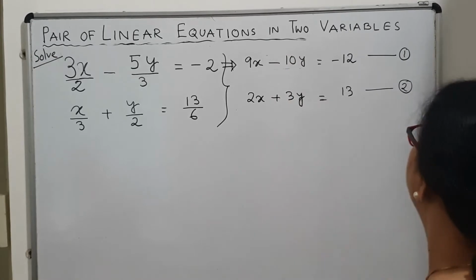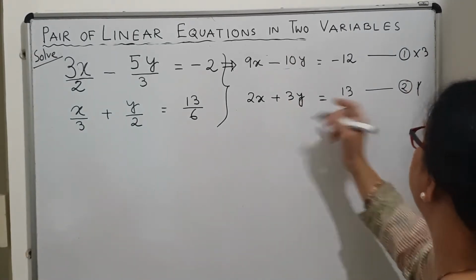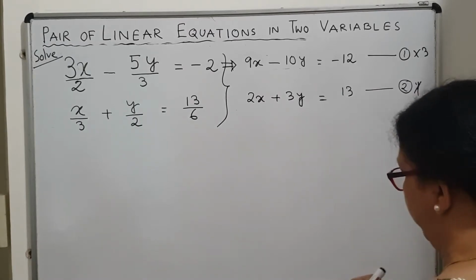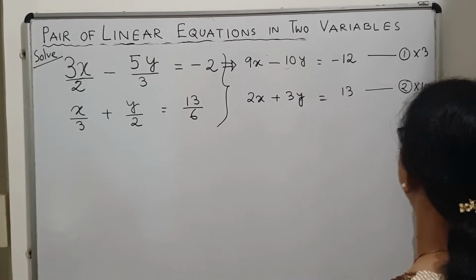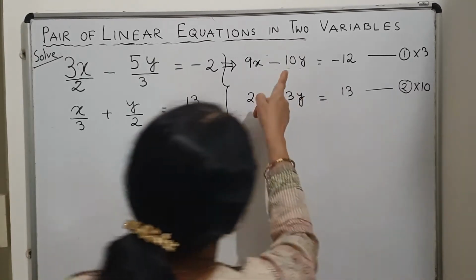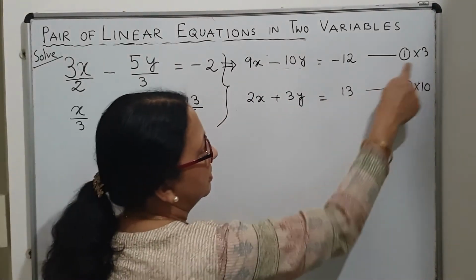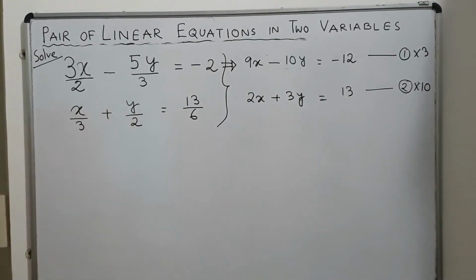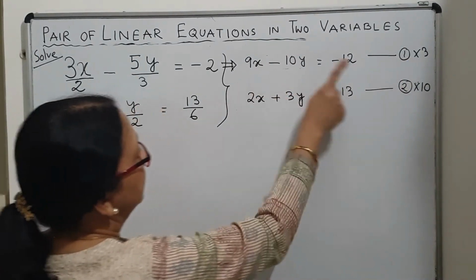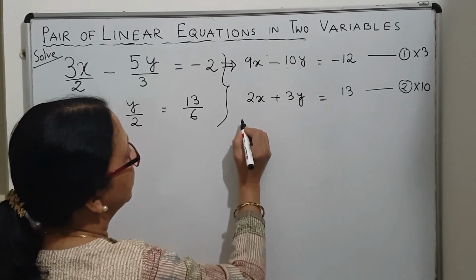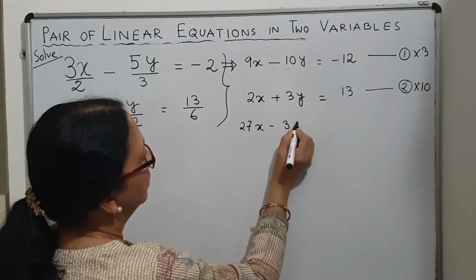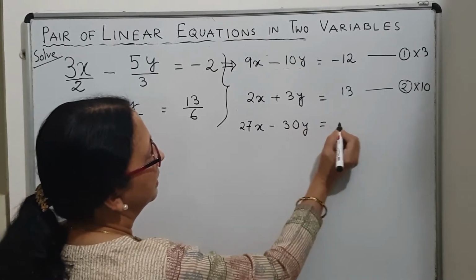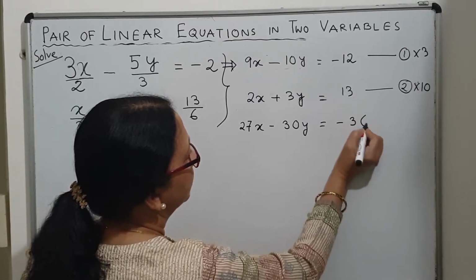Obviously this with 3, and this with 10. So on multiplying by 3, equation 1 becomes 3 9s are 27x minus 30y is equal to minus 3 12s are 36.